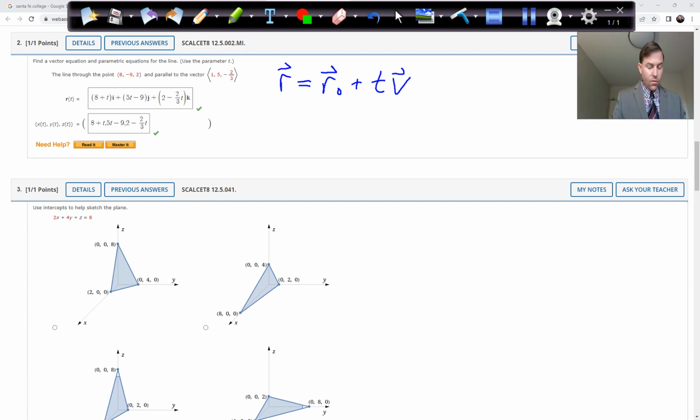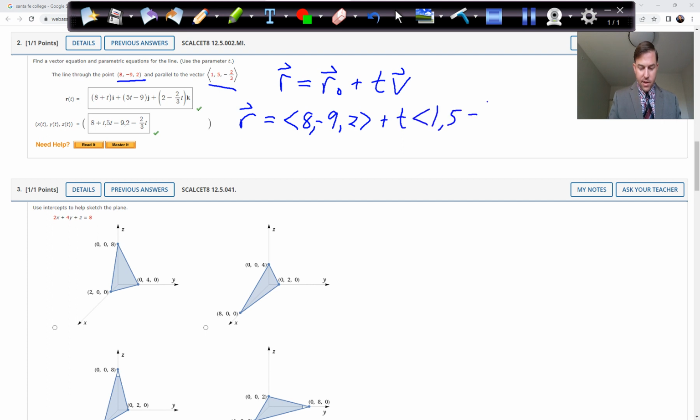So we're going to make this a point right now. To make it a vector, we just have to subtract it from the origin. So we can just write that as 8, -9, and 2. And then the vector v is 1, 5, so it's going to be plus t, 1, 5, -2/3.